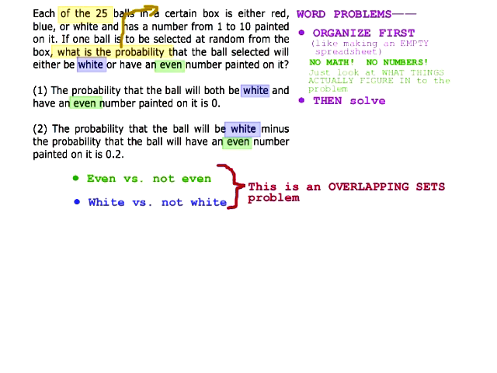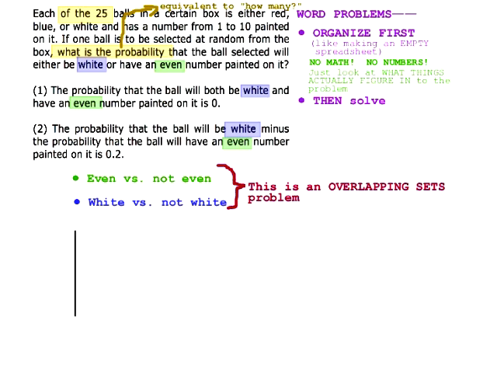Yeah, you could just ask how many, right? Those are interchangeable questions. Like probability of 4 out of 25, same as saying you got 4 balls. Probability of 7 out of 25, same as saying you have 7 balls, and so on. So in this context, at least, this is equivalent to how many come over white. So yeah, overlapping sets problem.